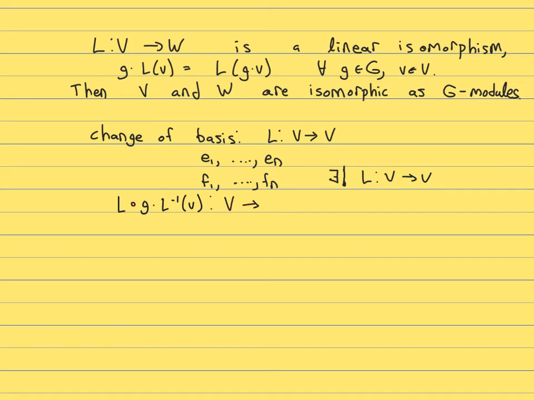This would be a perfectly fine thing to do. And we'll call this G prime. And you can check that this is also a group action, and gives you another representation.